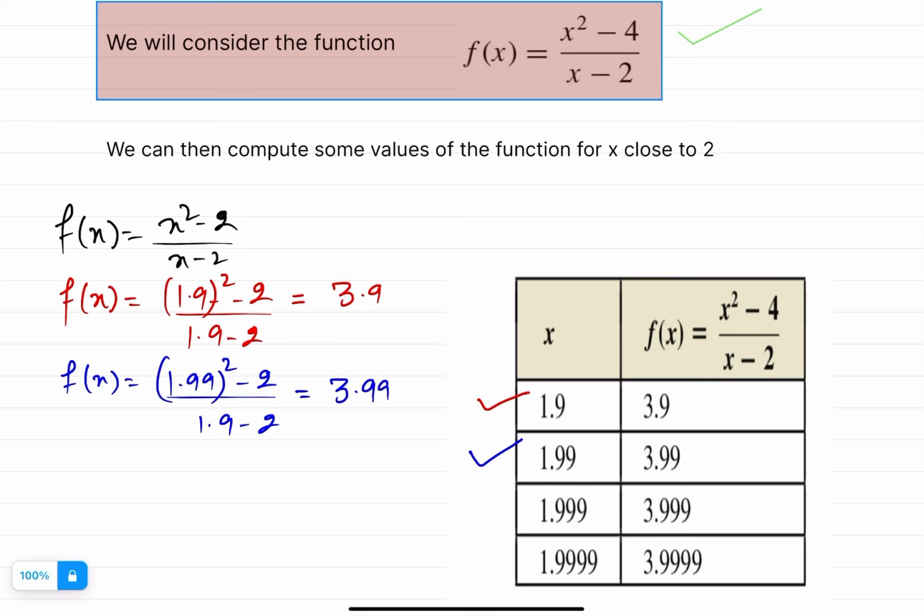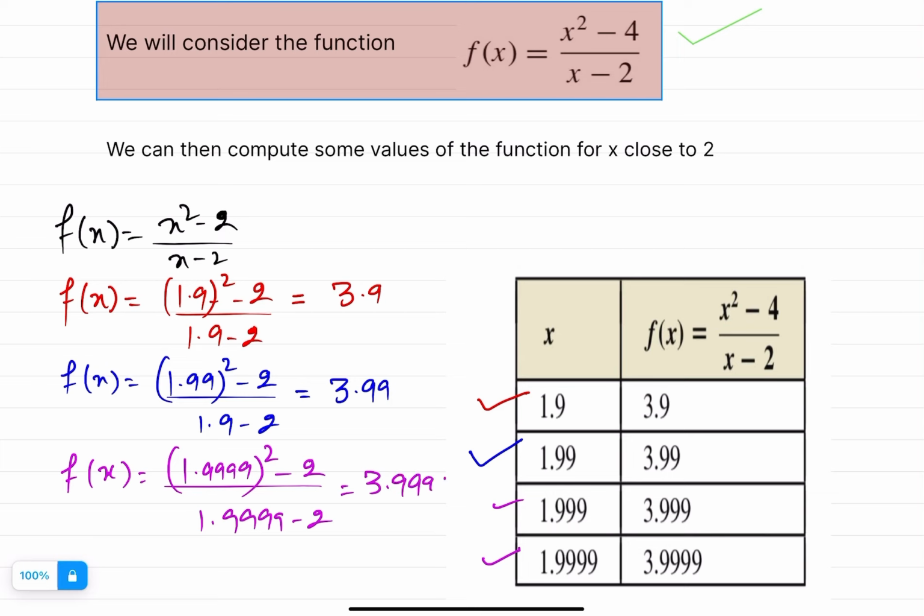Similarly, we can check for f(x) when x equals 1.9999. We get 3.9999. This is what we get for the values that are closer to 2.